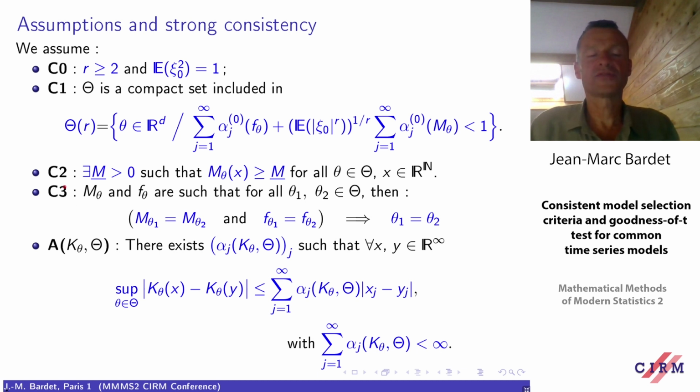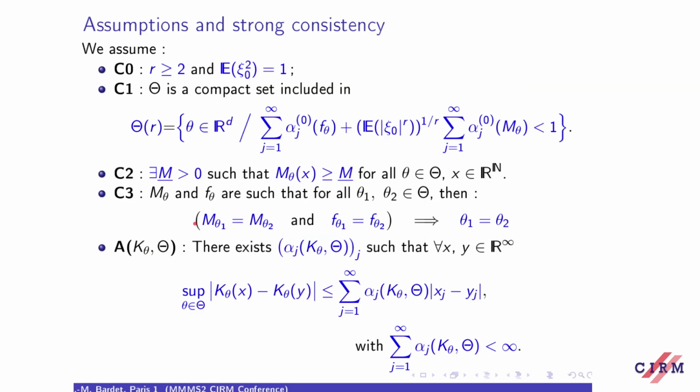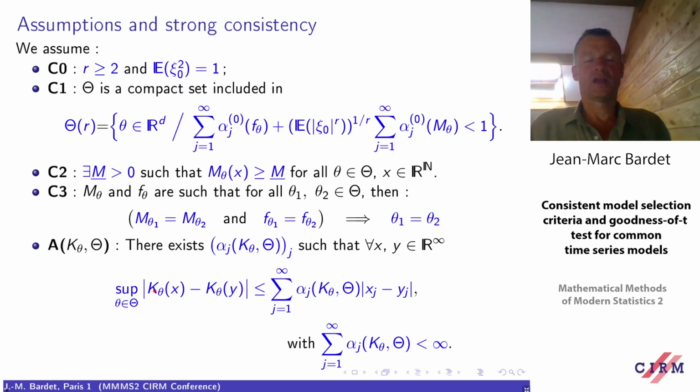With C3, we have the identifiability condition: when m_theta1 equals m_theta2 and f_theta1 equals f_theta2, then we should obtain theta1 equal to theta2.